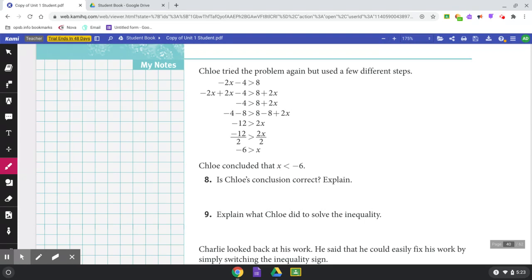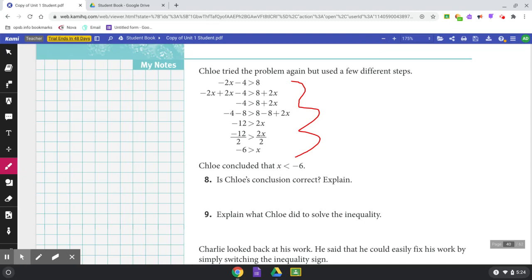If you follow her steps right here, she got that negative 6 is greater than x. Chloe concluded that x is less than negative 6. So is x less than negative 6? Let's see if her answer is correct. Is Chloe's conclusion correct, and explain? Okay, so let's see what Chloe did.